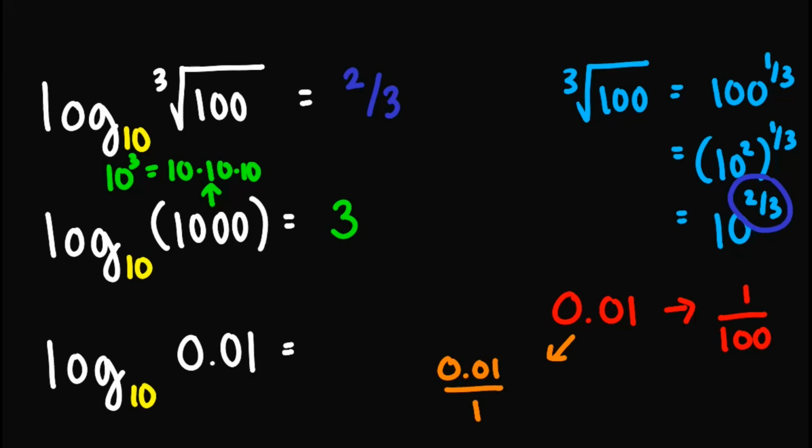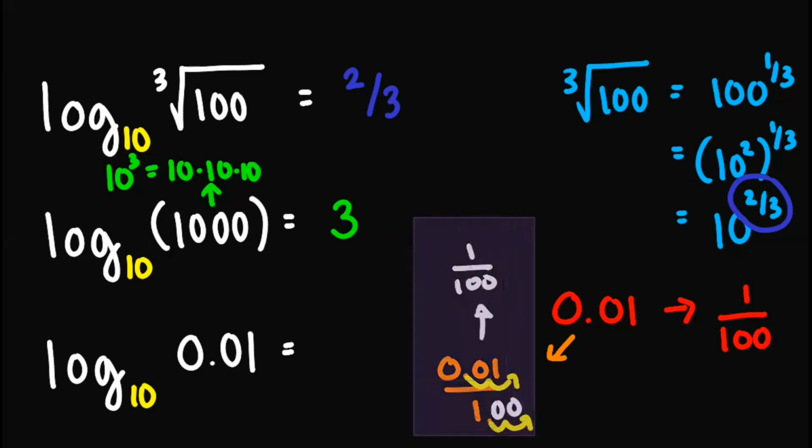Then we move the decimal places on the numerator twice to make it a whole number, and move it twice as well on the denominator. So this becomes 1 over 100, like that. So you may check out my video on converting decimals to fractions for an in-depth guide on this one.